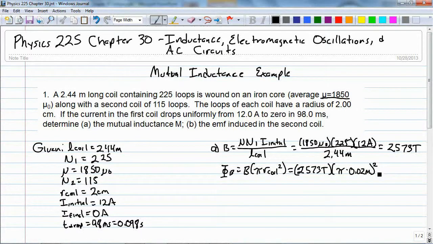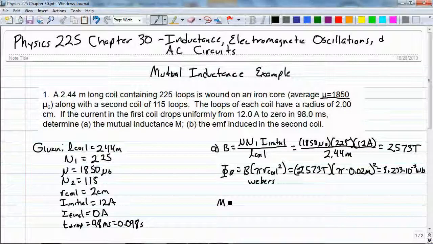And that's going to be equal to 3.233 times 10 to the minus third, and the units for the flux is Webers. It's spelled W-E-B-E-R-S, Webers.